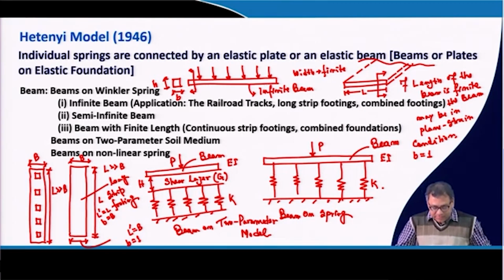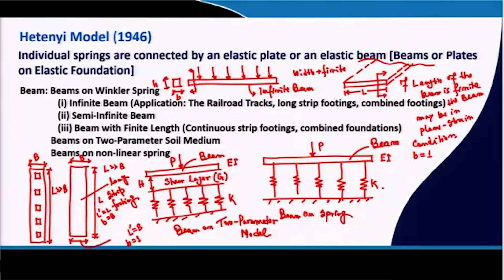So, in the next class I will start the derivation. I will discuss 2 cases: one is beam on spring, another is beam on a 2 parameter model. So, in the next class I will discuss the beam resting on Winkler spring. Then I will discuss the beam resting on a 2 parameter model. Thank you.